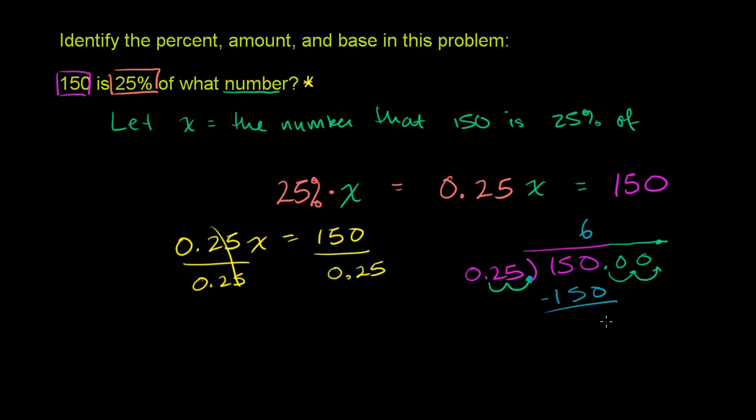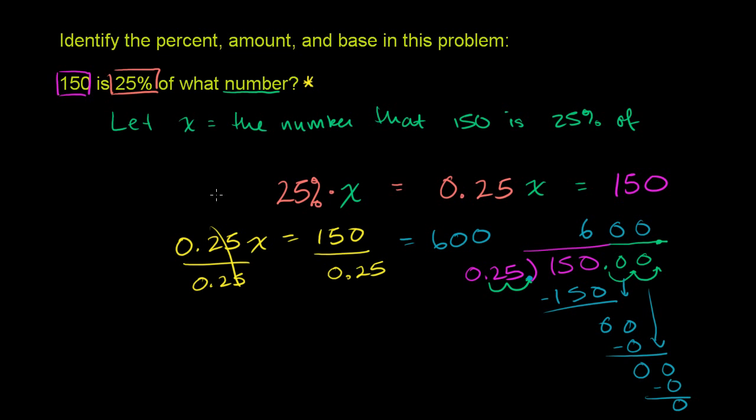You subtract, you get no remainder. Bring down this 0. 25 goes into 0 0 times. 0 times 25 is 0. Subtract, no remainder. Bring down this last 0. 25 goes into 0 0 times. Subtract, no remainder. So 150 divided by 0.25 is equal to 600.